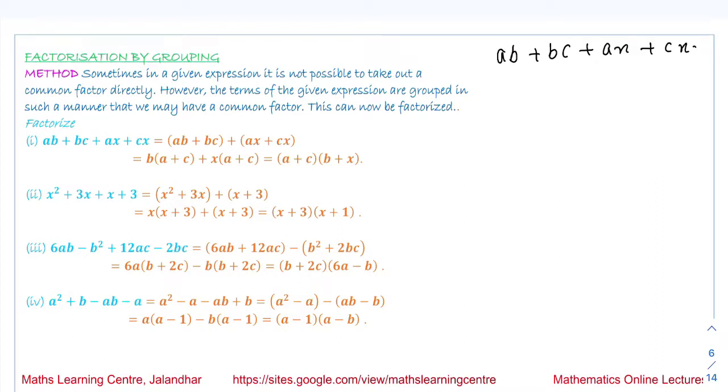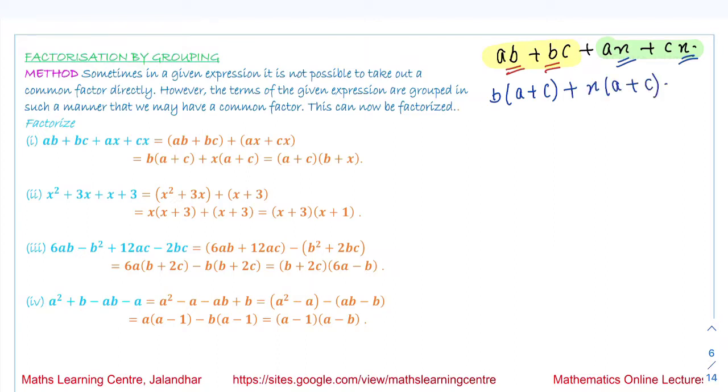But if I look at the first two terms as a separate part and the second two as a separate part, in the first part B is common and in the second part X is common. So first we take B common, and we are left with A plus C, and from the second part we take X common, so it is A plus C.